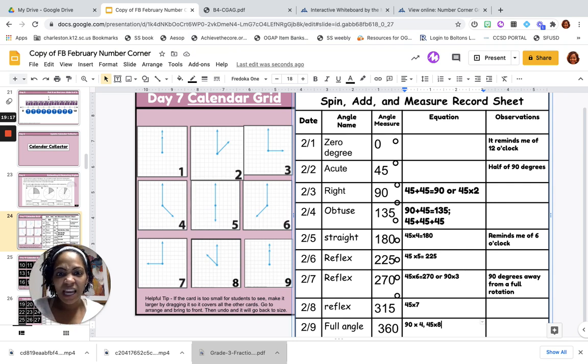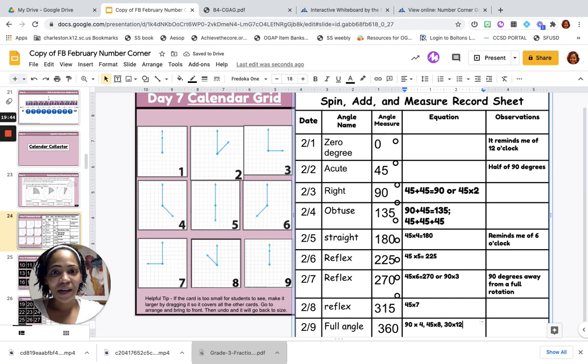We could even say 30 degrees times what? What was our fractional piece for a 30 degree angle? Was it a 12th? So it will be 30 degrees times 12. We could say so many different equations for this full angle.